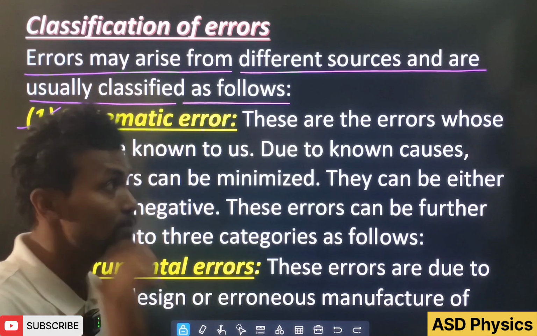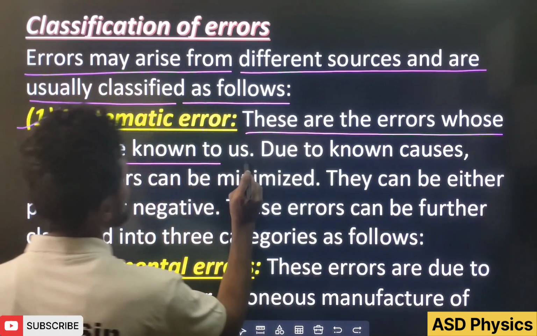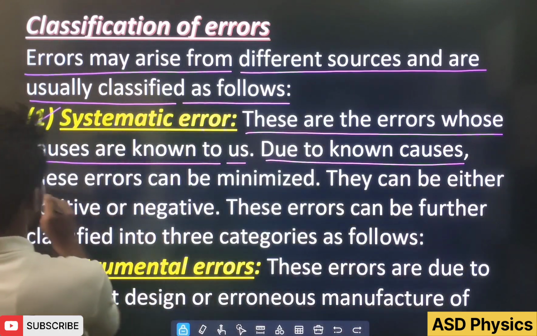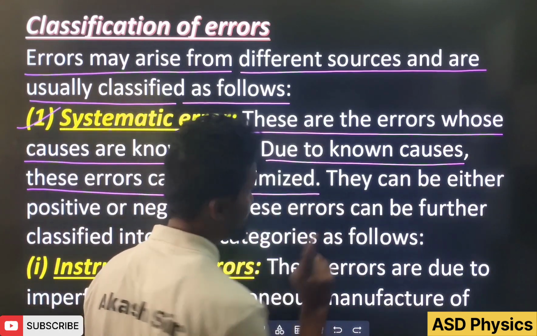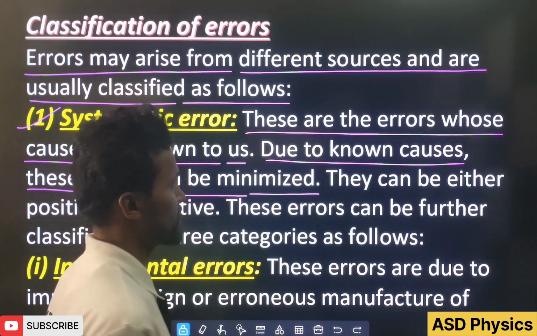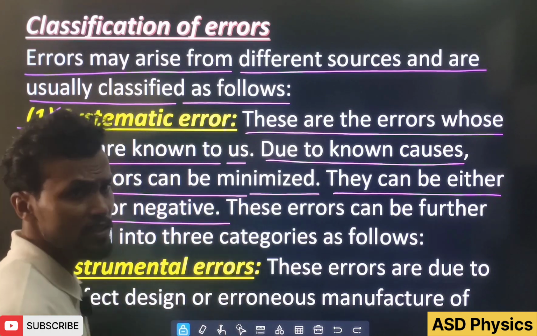These are the errors whose causes are known to us. Due to known causes, these errors can be minimized. Very, very important: if we know the cause of the error, then only we can minimize it. They can be either positive or negative.